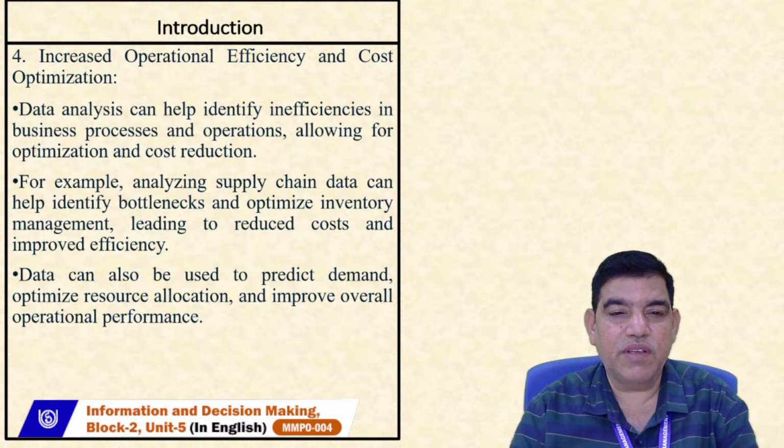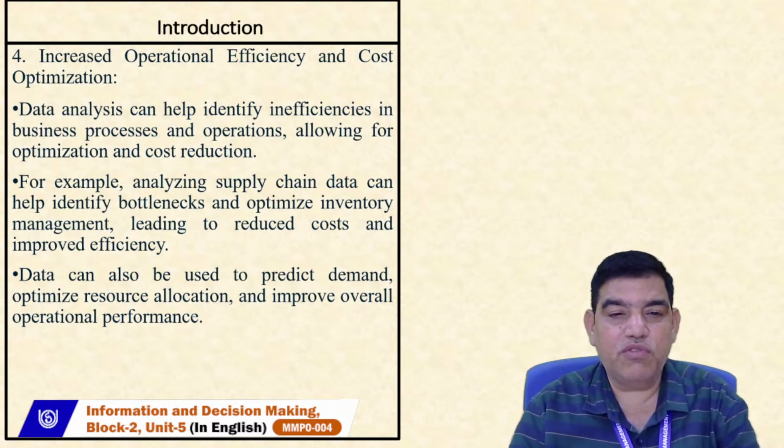For example, if you produce more product and in our inventory there is a shortfall in the area, then where we keep our finished product? So that's why, to optimize the inventory management, leading to reduced cost and improved efficiency, we go for the operational efficiency and cost optimization process.